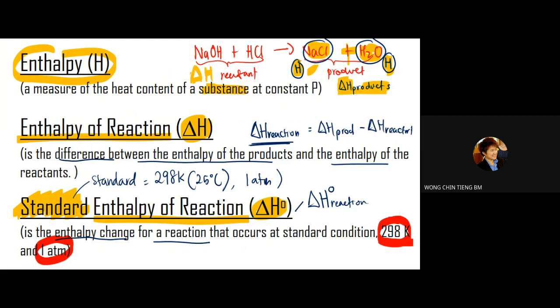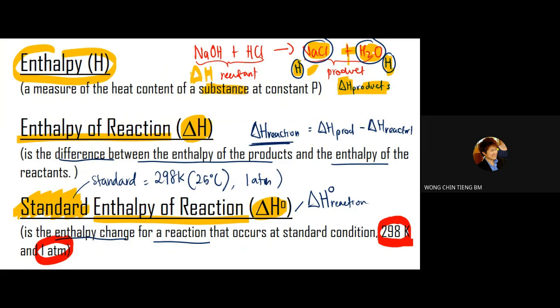Kena ingat kat sini standard condition bukan standard temperature and pressure. Standard temperature and pressure STP adalah 0 degree Celsius, betul? Yang tu adalah STP. Kat sini adalah standard condition for enthalpies. 298 Kelvin 1 atm adalah standard enthalpies. Kalau yang bawah adalah at 25 degree Celsius 1 atm.